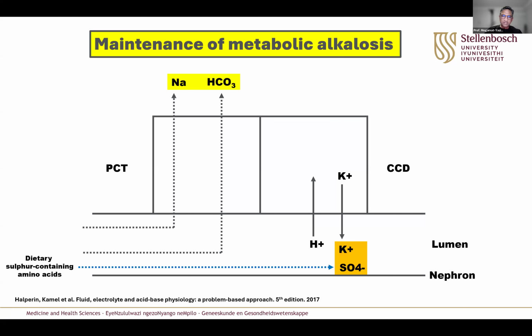Potassium loss is not in the vomitus, as so many people think, but the hypokalemia that develops during vomiting is actually due to renal losses of potassium. Now, the reason we are losing potassium in the urine during vomiting is because under normal circumstances, this sulfate would be absorbed with a whole lot more sodium.